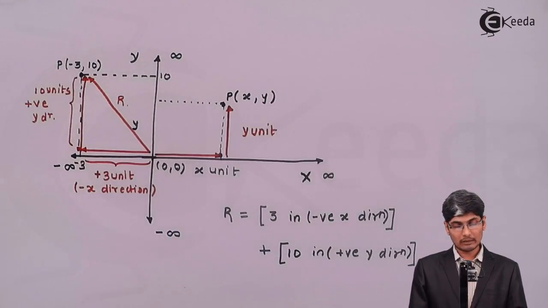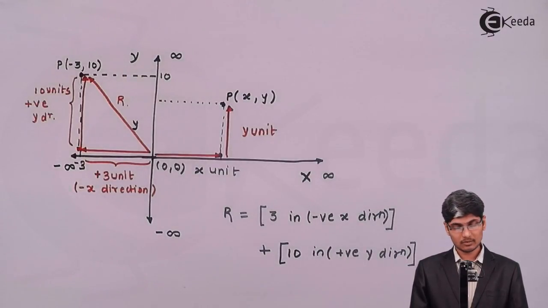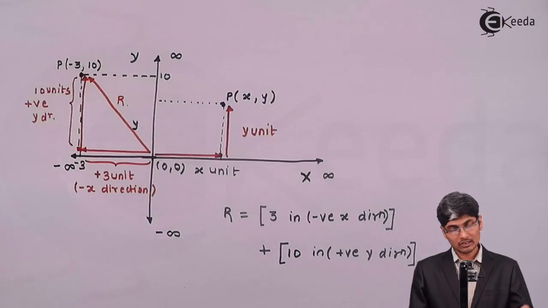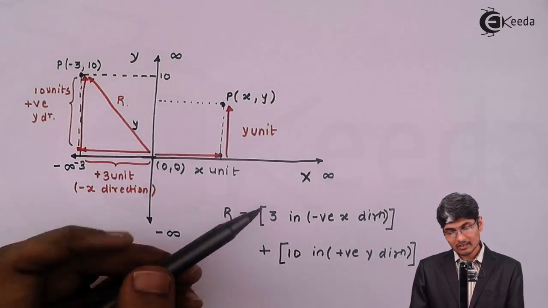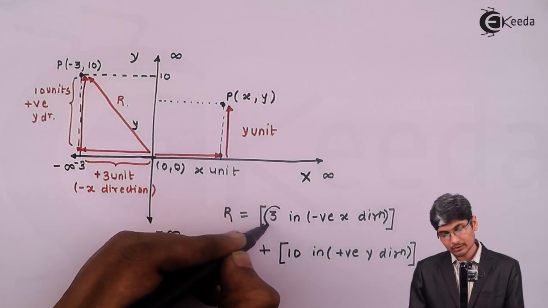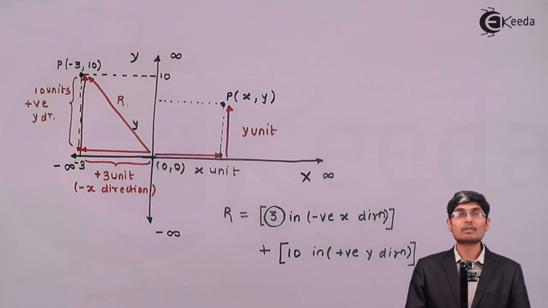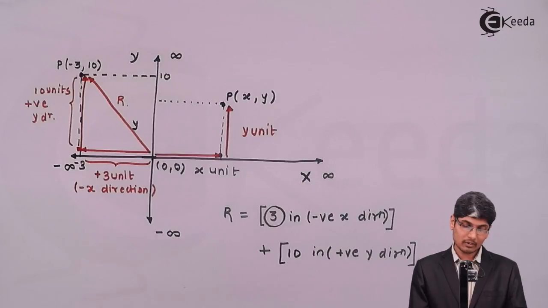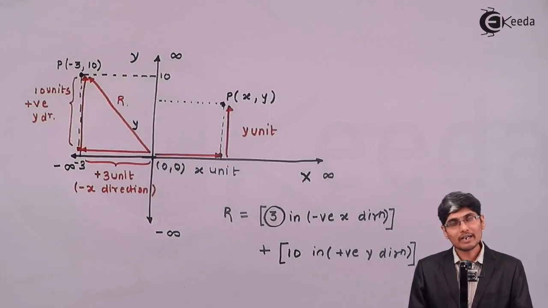So to represent a vector in an xy coordinate system, or just to reach from one point to another point, we are saying that there will be a magnitude, which we call 3 units, and there is also a requirement of a direction. I will represent 3 units in which direction? In the x direction. And 10 in which direction? Again in the y direction.